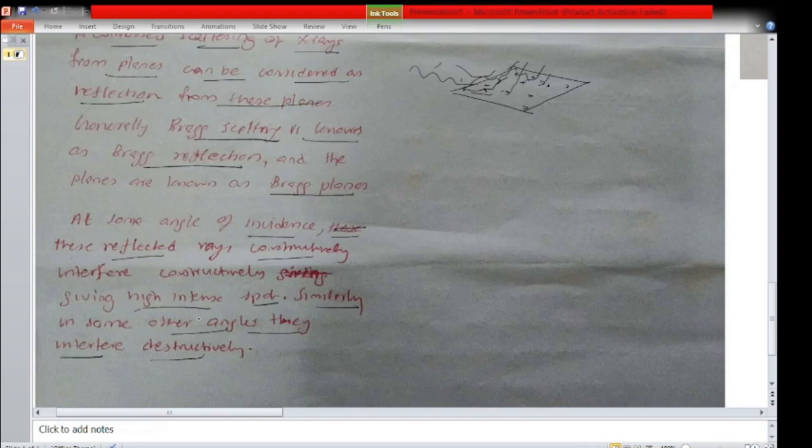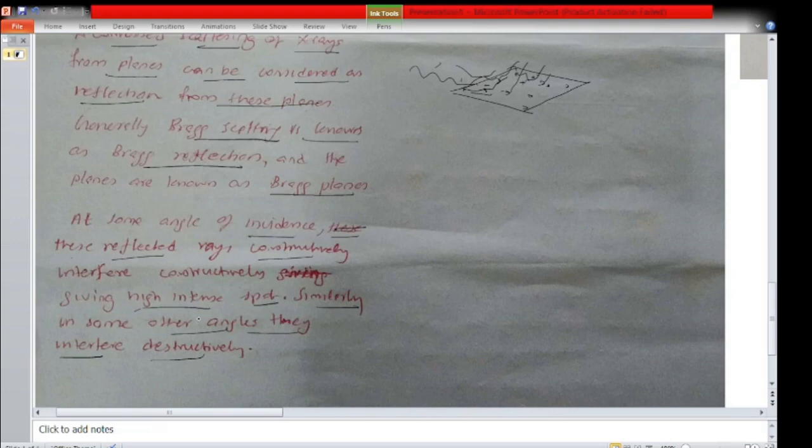Okay, so this is Bragg's law, and now we have to look into this Bragg's law further to understand what exactly the principle behind this is. So let us move on, and let us consider Bragg's spectrometer now.